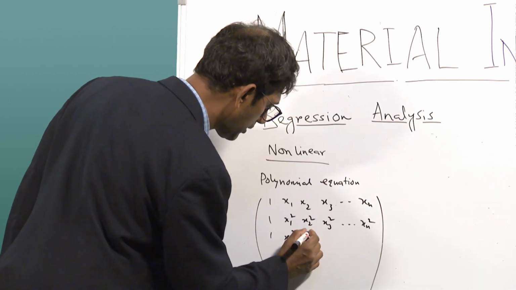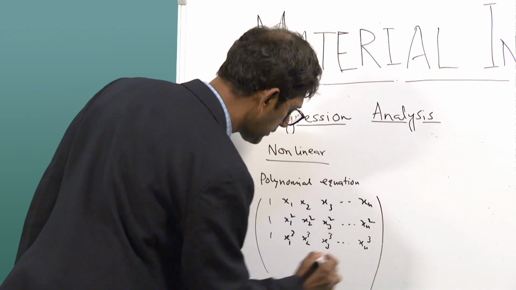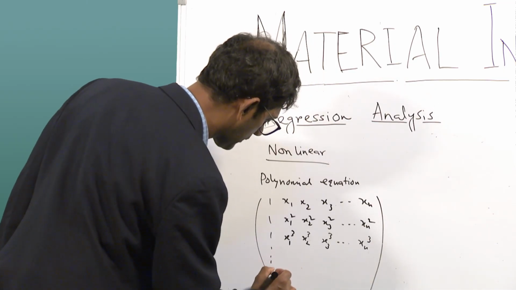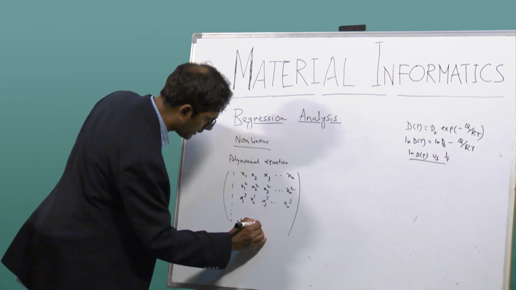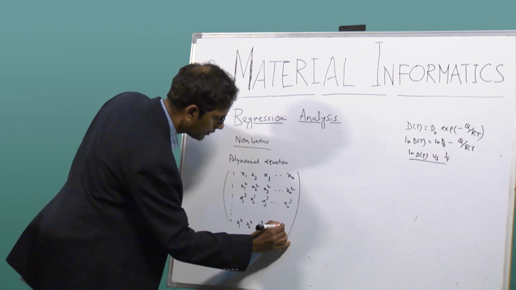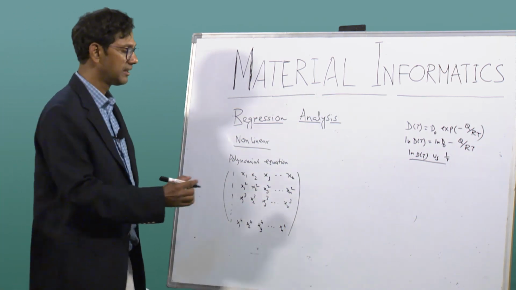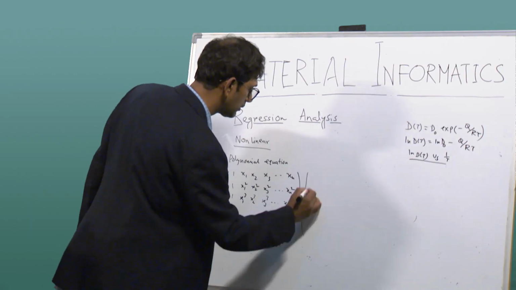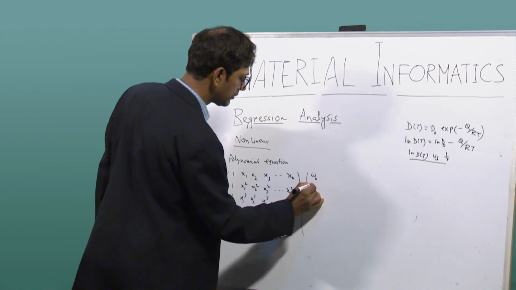This is Q actually. Then you can directly go to n power. This is my x. Now I can write down the W's.